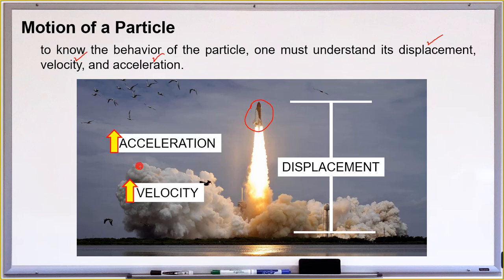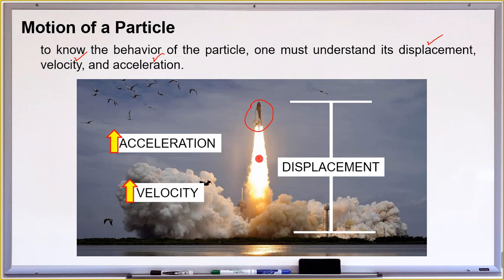It needs to be monitored. And also, of course, lastly the acceleration. How fast is its velocity changing? Why is acceleration part of the three important parameters? In a natural scenario, once the engine of a space shuttle starts, it cannot suddenly reach a velocity of 1,000 or 500 kilometers per hour.